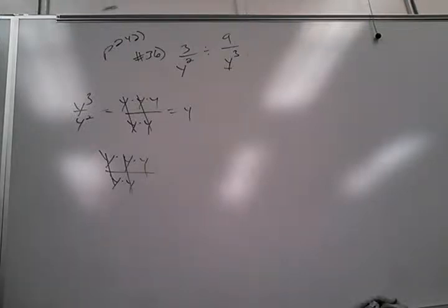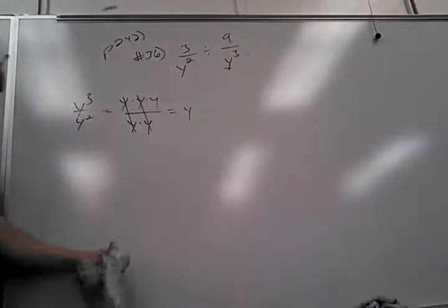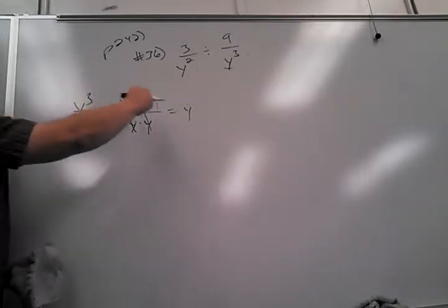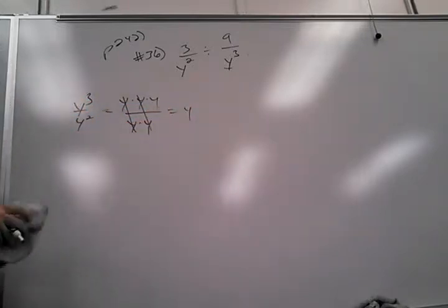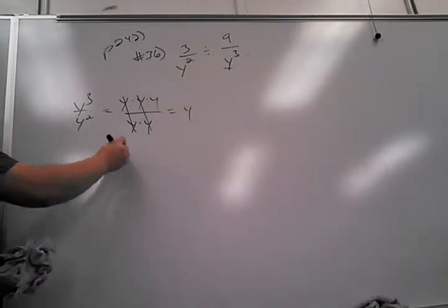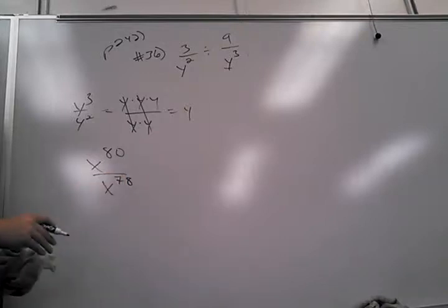But if you don't like that shortcut, if you're not sure how it works, you could just expand them and you just kill whoever's coming. Can we just put 1 or just 1? We have to do y. The 1 means 1y. 3 y's divided by 2 y's leaves you with 1y. Understanding that those are powers I'm talking about. So that would help me out of that x to the 80th over x to the 78th.